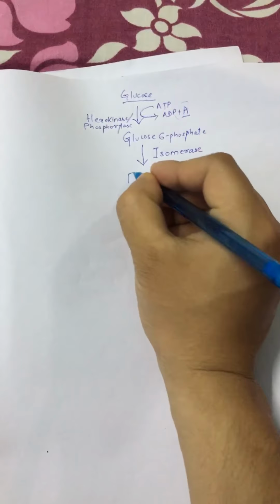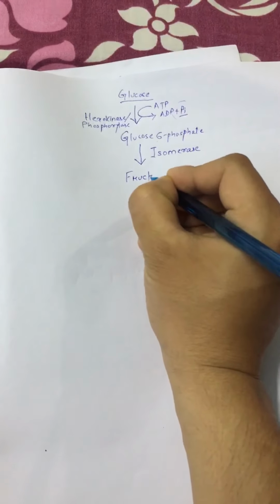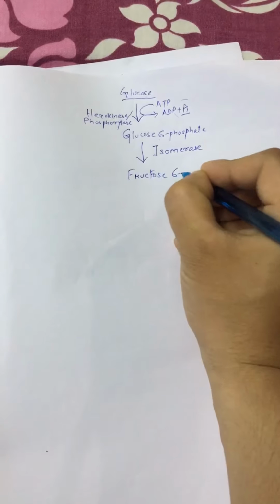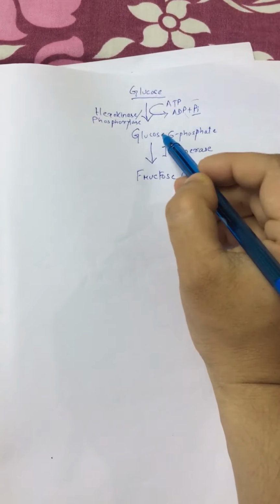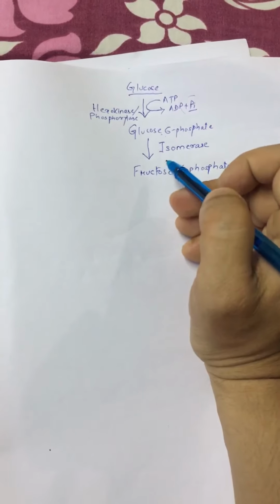So glucose 6-phosphate will get converted into fructose 6-phosphate. What is the difference between glucose and fructose? Yes, glucose is a polyhydroxy aldose sugar. That means the aldehyde group is present in the glucose molecule, and fructose is a ketose sugar. That means the ketone group is present in the fructose molecule.